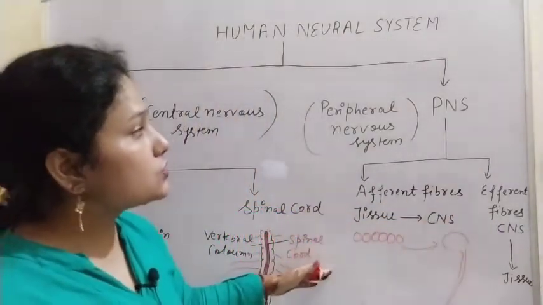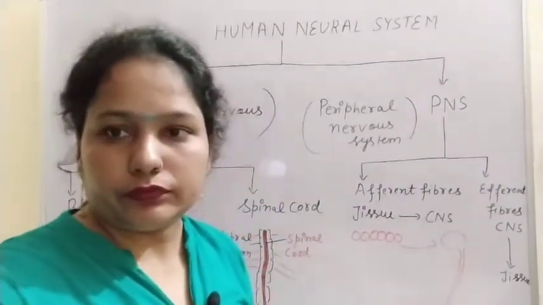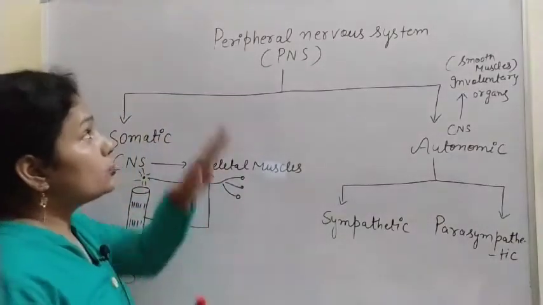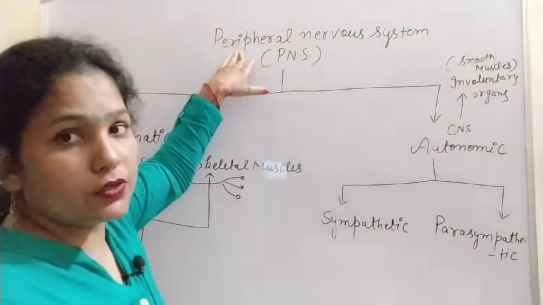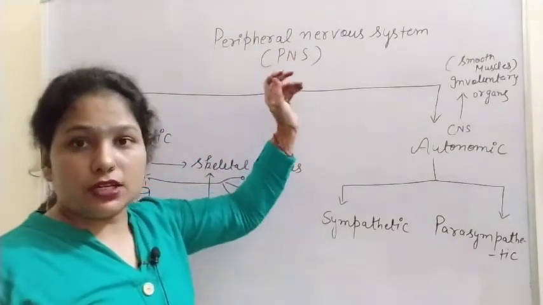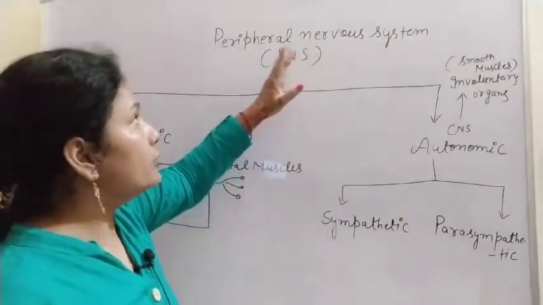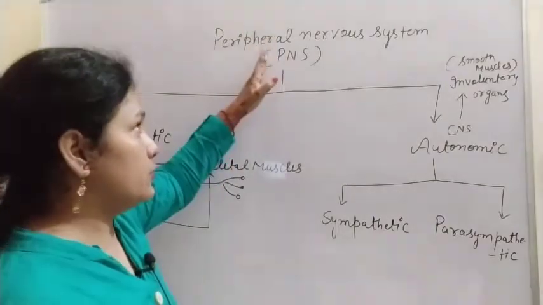Now let us discuss the types of peripheral nervous system. The peripheral nervous system comprises the nerves arising from the central nervous system, the brain and the spinal cord, and it consists of the efferent and afferent fibers.